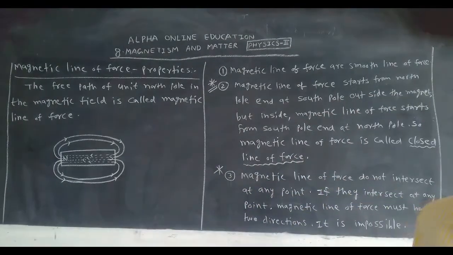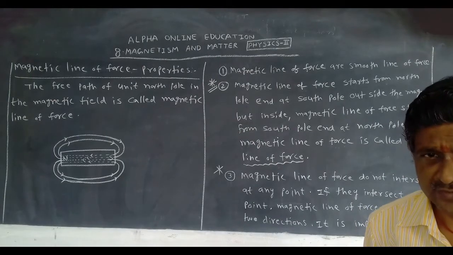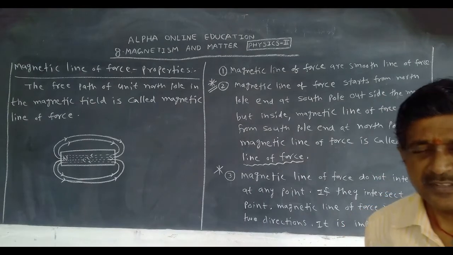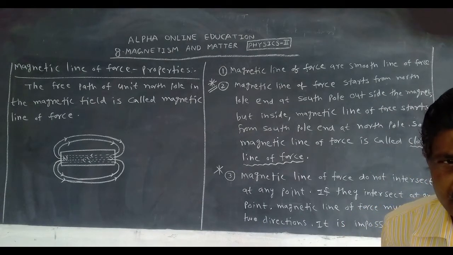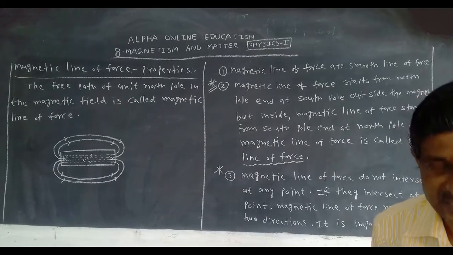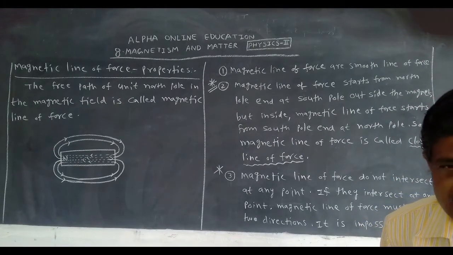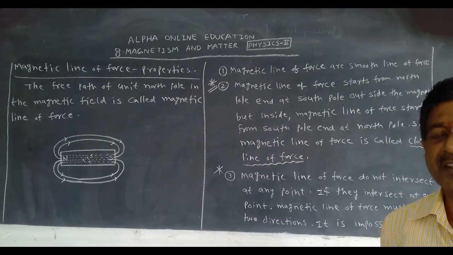Why is the magnetic line of force called closed line of force? This is one of the important questions for 2 marks. Answer is, the magnetic line of force starts from north pole and ends at south pole outside the magnet.